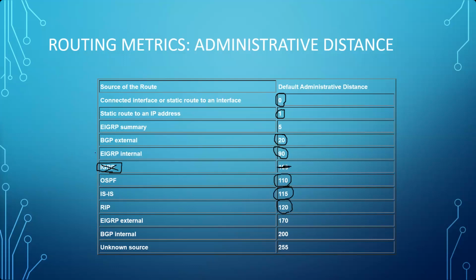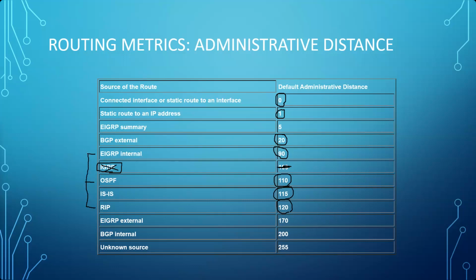If you learned about a route between a source and a destination from EIGRP, also another route to the same destination from the same source by OSPF, and a third route from the same source to the same destination from RIP, which one would you trust more?